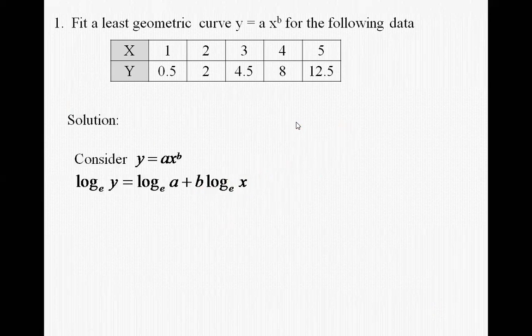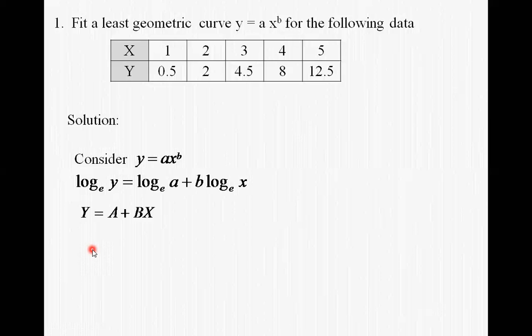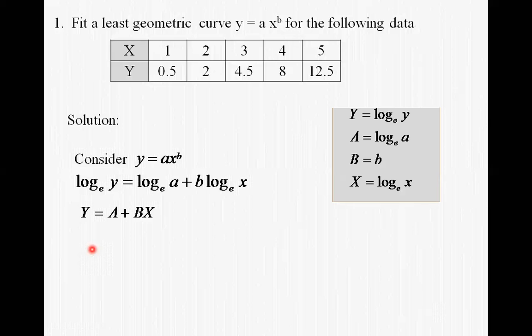Solution. Consider y equals a into x to the power of b. Log y equals log a plus b log x. Therefore, capital Y equals capital A plus capital B into capital X.